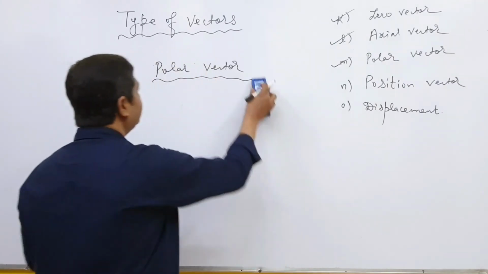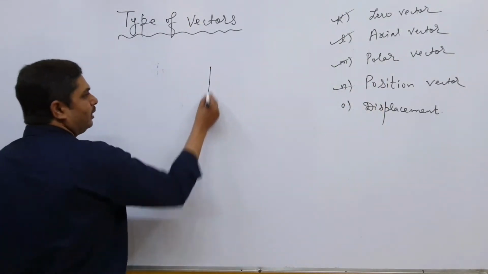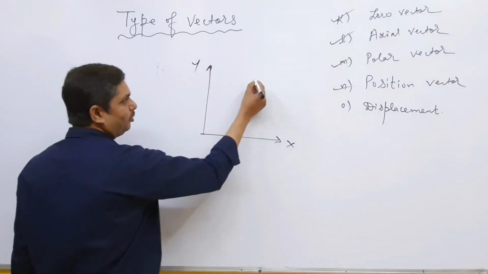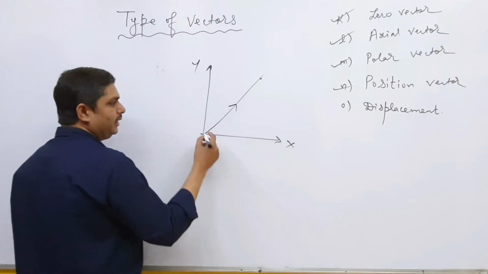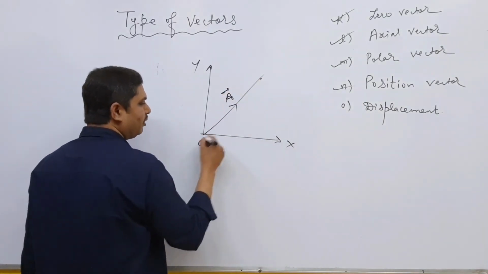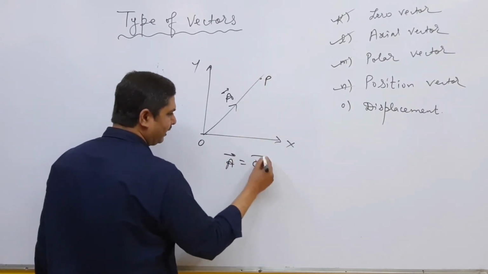Now next is the position vector. This is the x-axis, this is the y-axis. Suppose here is a particle. We join these points. Then this line is A, and vector A equals vector OP.